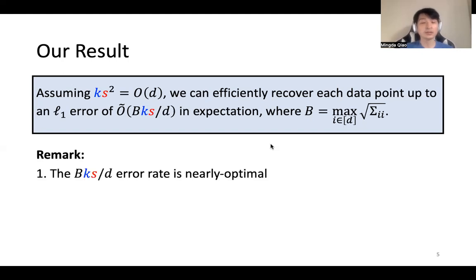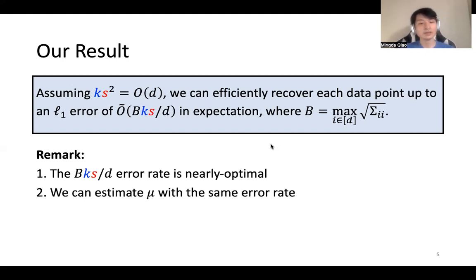A few remarks. First of all, it's relatively easy to show that we cannot beat this B k s over d error rate in general. So our error is nearly optimal up to a polynomial factor. Second, given this recovery result, we can post-process the recovered dataset and learn something about the underlying distribution.